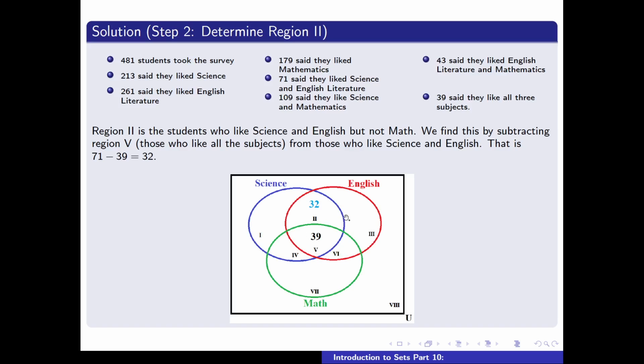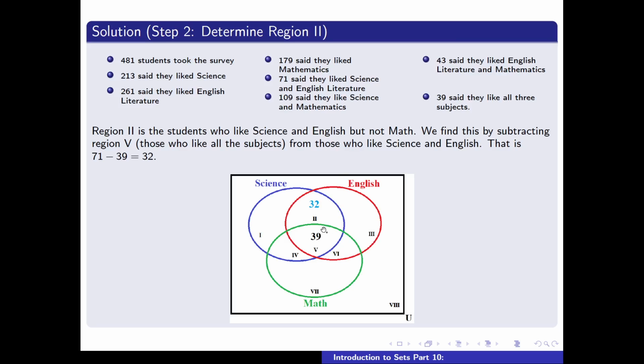Beginning our spiral outward to fill this, we now move on to region 2. So these are the students that like science and English, but not necessarily mathematics. So they're disjoint from these students that like all 3. Well, we don't know explicitly who likes only science and English, but we do know how many like science and English. In fact, 71 said they liked science and English.